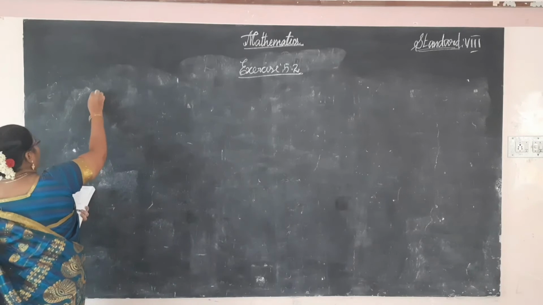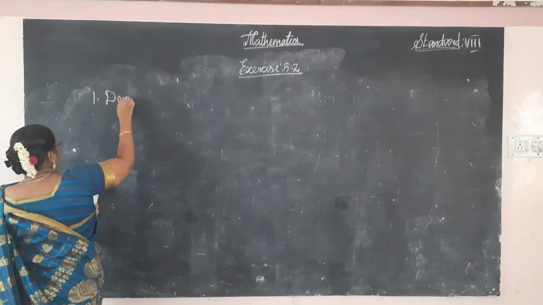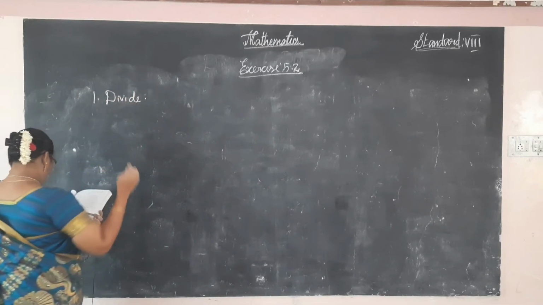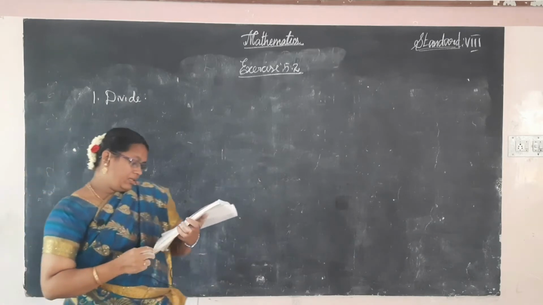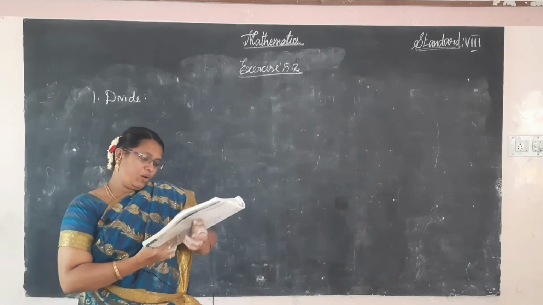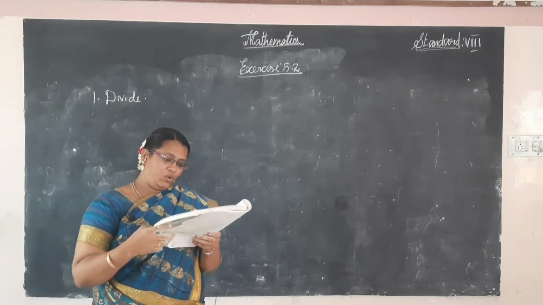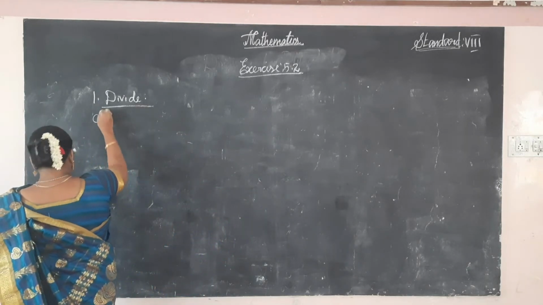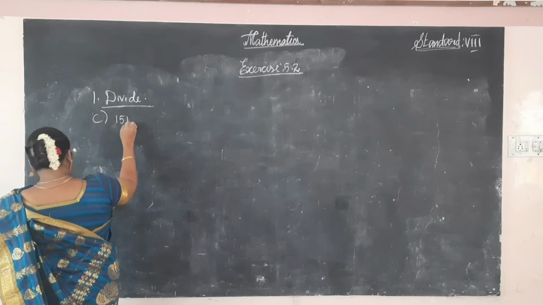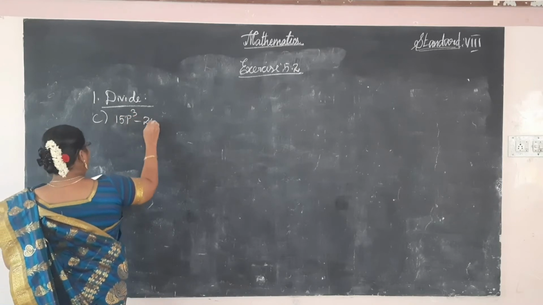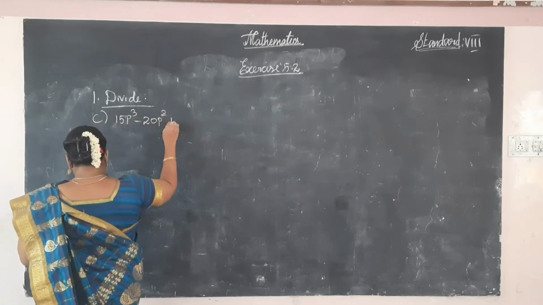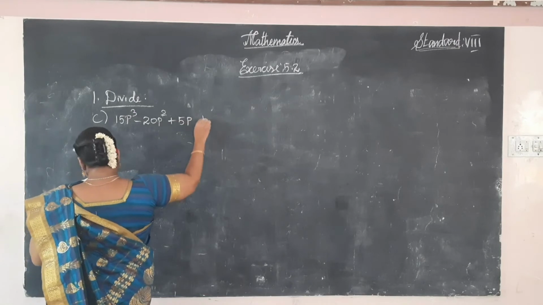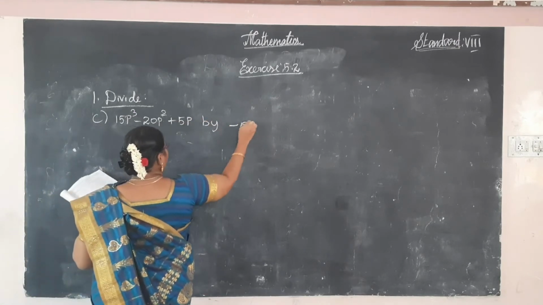So first problem, divide. Four problems are given. First A and B are the homework. Now do the C problem. C: 15p power 3 minus 20p power 2 plus 5p by minus 5p.